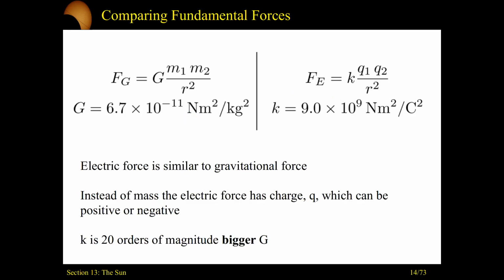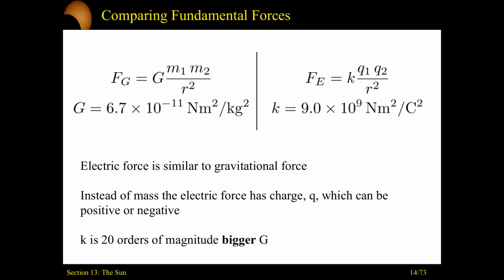The electric constant, Coulomb's constant, very similar thing, but this time it's 9.0 times 10 to the 9th, newtons meter squared per Coulomb squared, right? Coulomb is the unit of charge, just like mass, kilograms, is the unit of mass. So yes, the electric force and gravitational force are incredibly similar. They're basically identical equations.